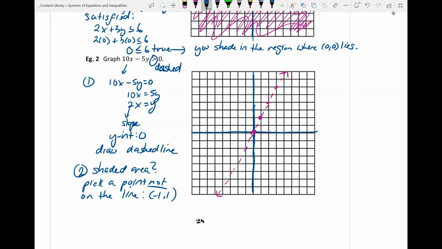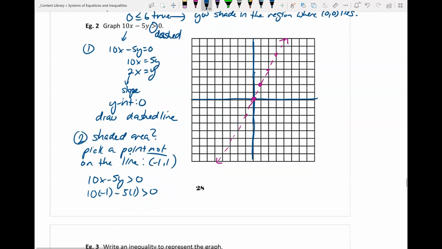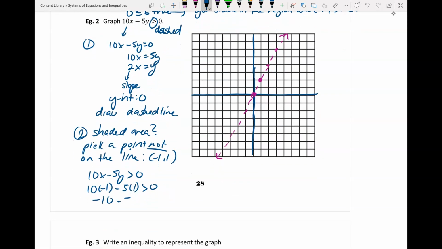So I'm going to use the inequality from the original question. And we're going to plug in our x value of negative 1 and our y value of 1 to see what we get. Now it's saying negative 15 is greater than 0. This is not true.